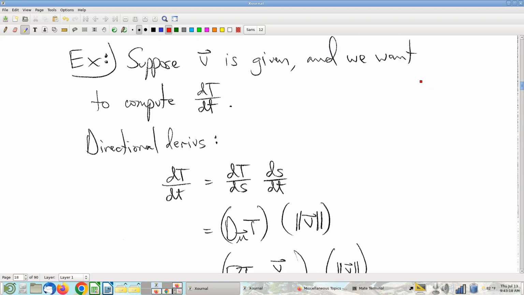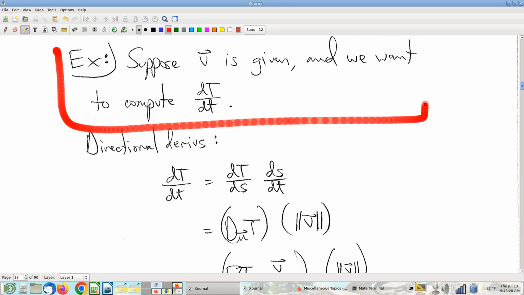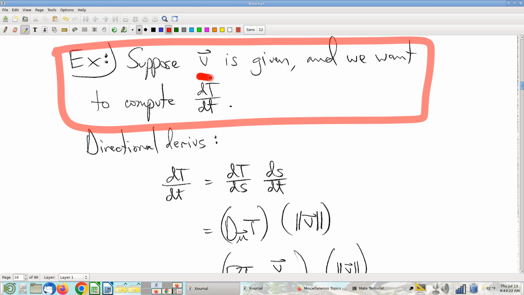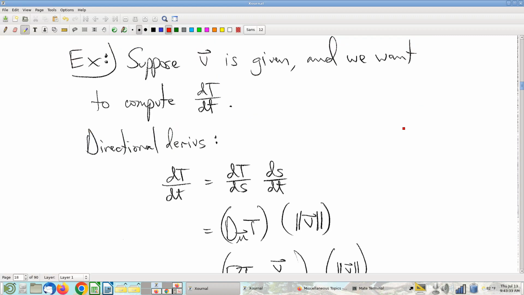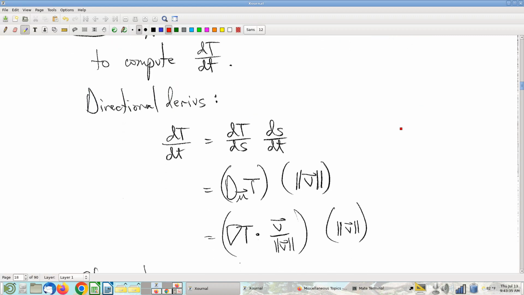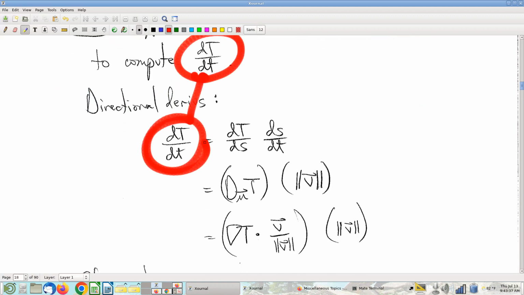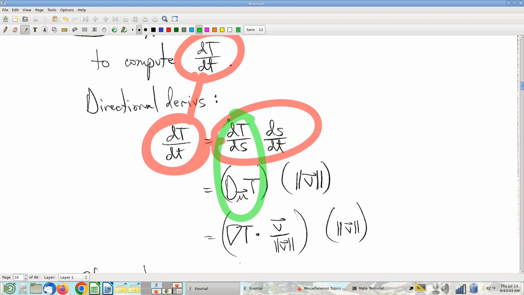So just as a generic example, I've got a velocity in the domain. I want to know how fast the function is changing with respect to time. Very generic kind of question, and let's consider our options. One way I could answer this question would be to do what I did on the previous page and make a single variable chain rule argument. That's a directional derivative.